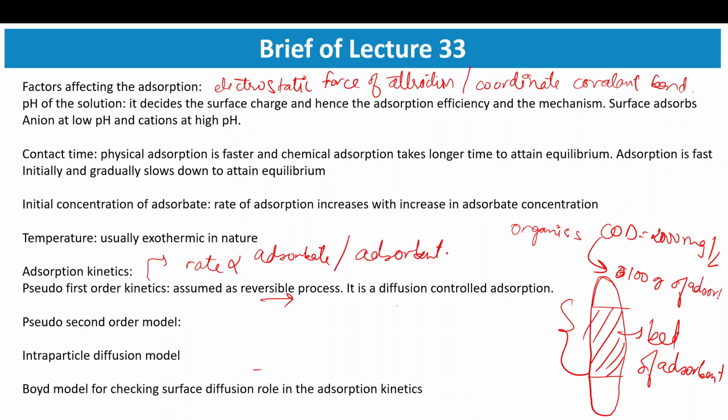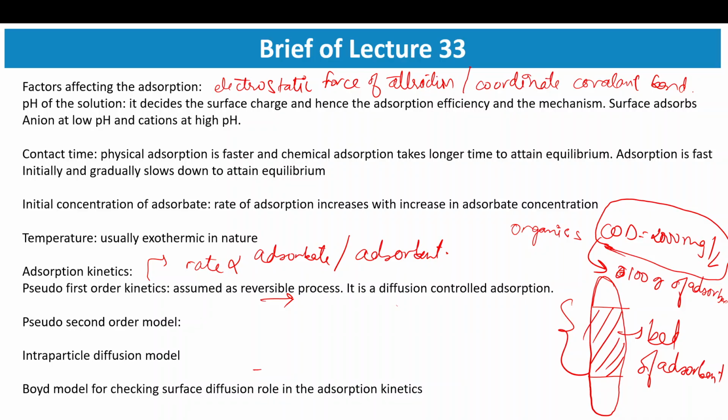This is not enough for removing the entire COD concentration, so you say that COD here is the limiting factor. So there will be one limiting factor when you talk about first order kinetics.